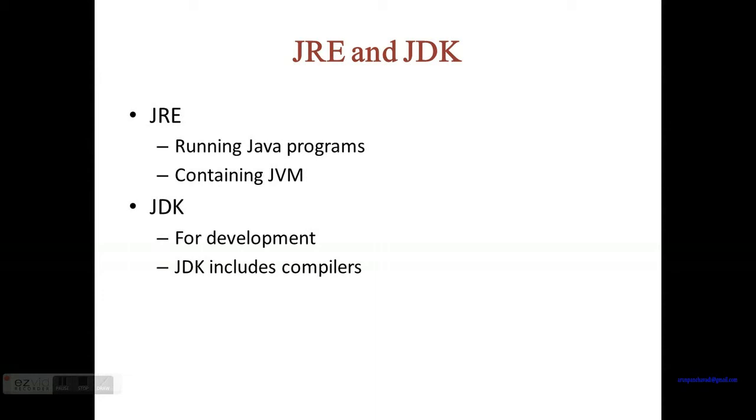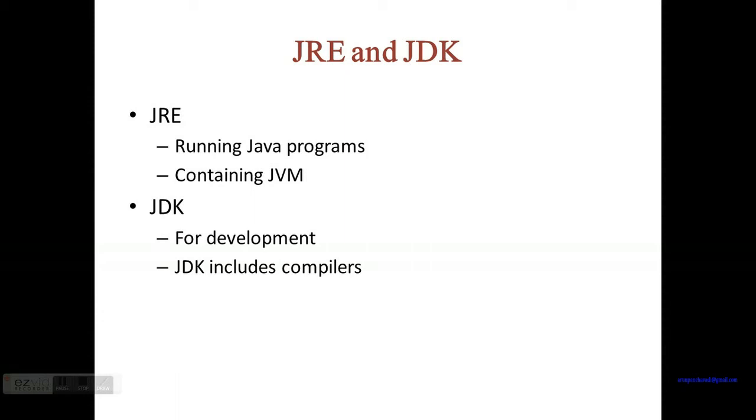If you want to only run your Java programs and not develop anything, you only need a JRE. You don't require a JDK. But when you are going for development, you need a JDK, which helps you develop. It has a compiler and debugger. All those items will be there with a JDK. That is the difference between JDK and JRE.